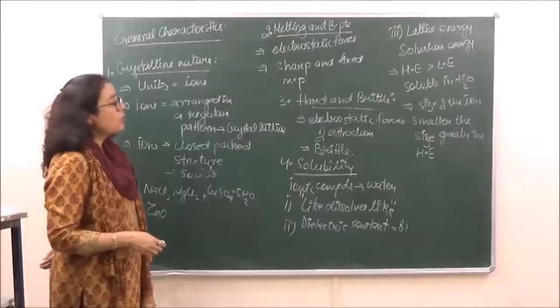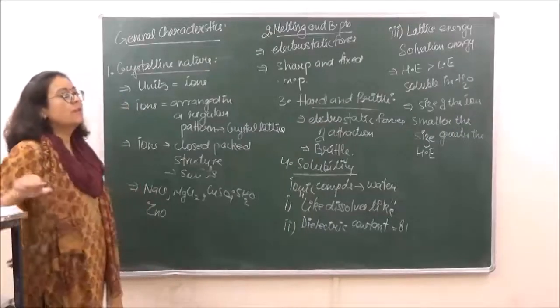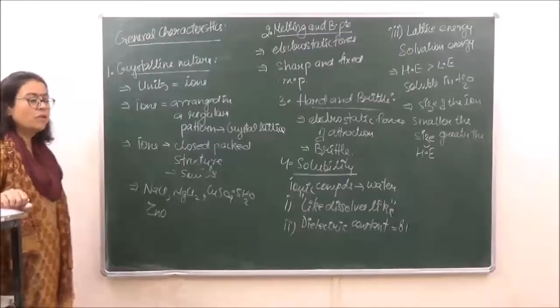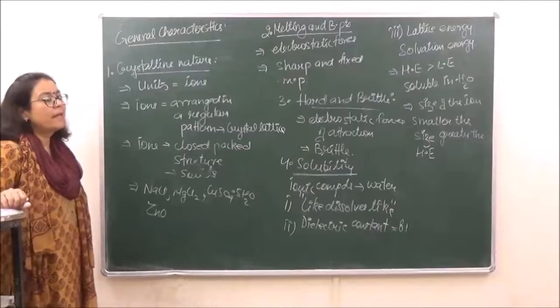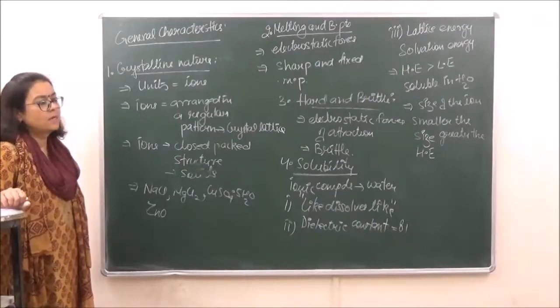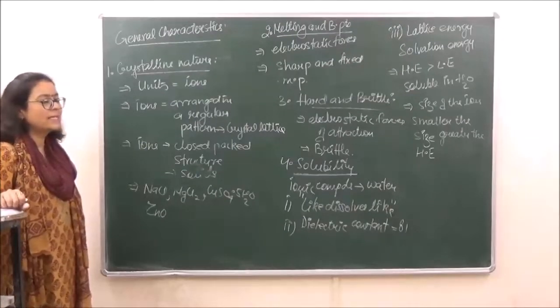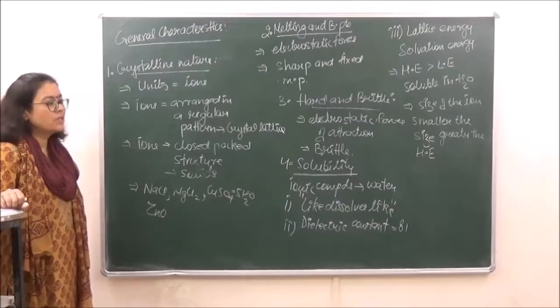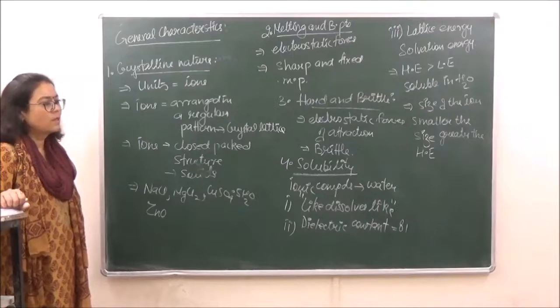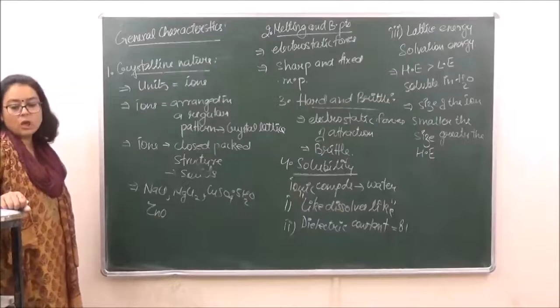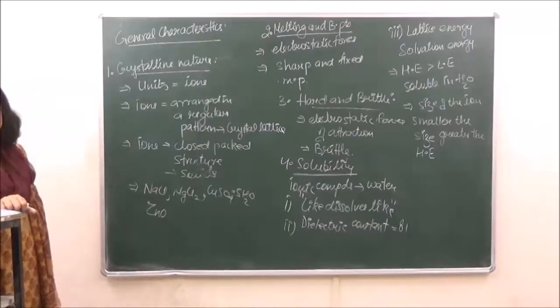That means that all those ions which have smaller sizes can be easily soluble in water. For example, if we are comparing NaCl with cesium chloride, down the group what is happening? The size is increasing, isn't it? So NaCl का size छोटा है, तो उसकी hydration energy ज़्यादा होगी. Okay, so if the hydration energy is more, then the solubility is also going to be more.